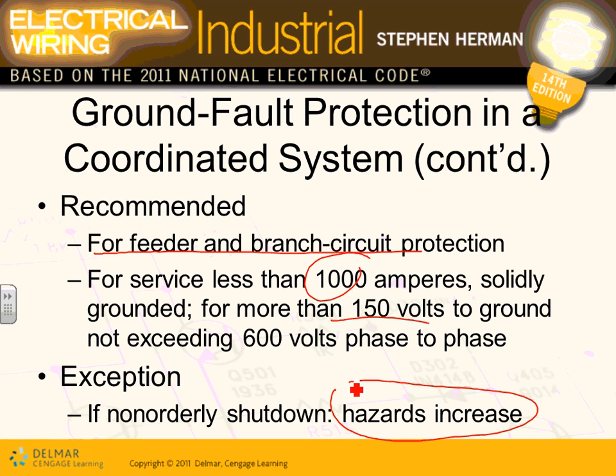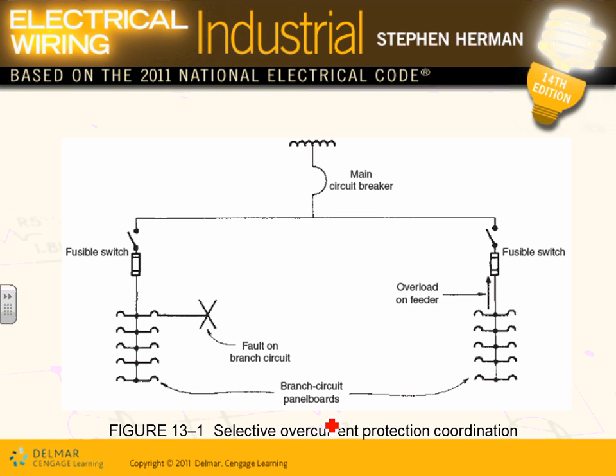Does that make sense? You see this one all the way: non-orderly shutdown. So nuclear plants, chemical plants, anything, any circuit or any branch circuit or feeder that feeds very sensitive equipment, and if you don't shut it down orderly, you're going to create more hazard. It's not required to put the ground fault protection in it.